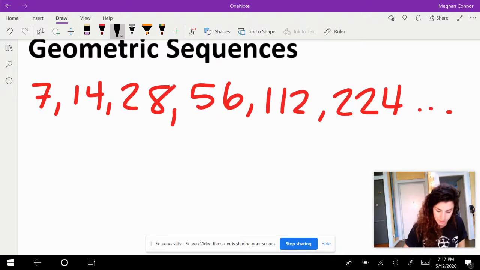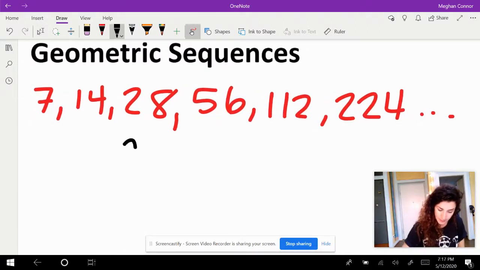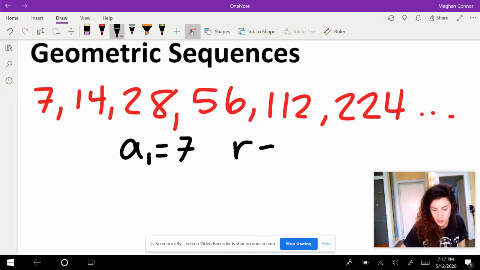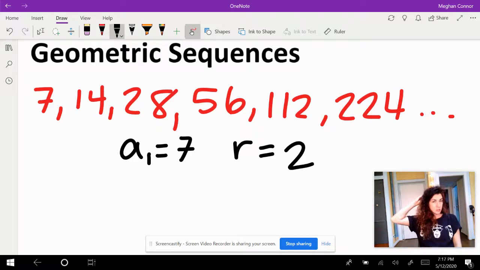We have a first term, which is 7. We have a common ratio, which is 2. Whereas with arithmetic sequences we had a common difference, D for difference, we have a common ratio here, which is R, which will be a part of our formula.